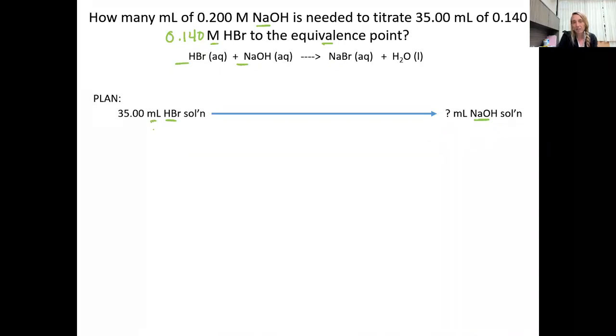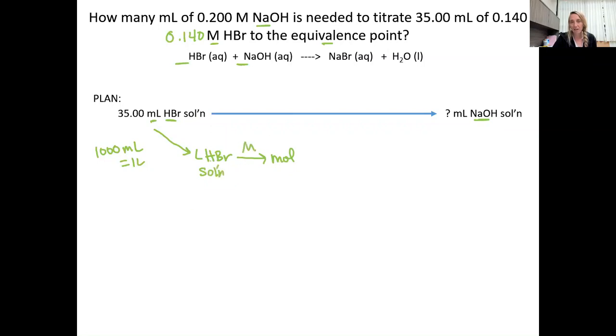So I know for milliliters, I'm going to find liters of HBr. And I know that 1,000 milliliters equals 1 liter. So notice anytime you have milliliters, automatically think, I need to change to liters.